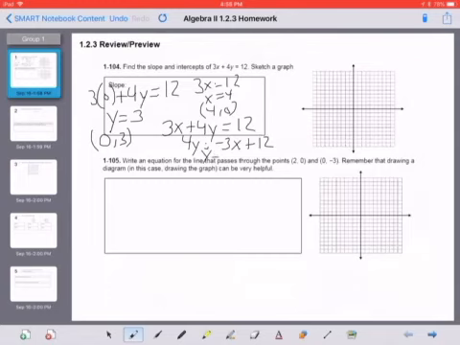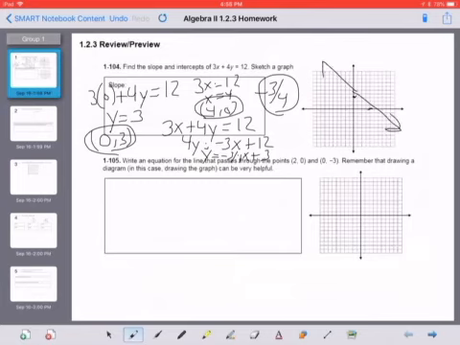So I get y equals negative 3 over 4 x plus 3. So my slope was negative 3 over 4. So I have negative 3 over 4, 4, 0, and 0, 3. So knowing that I have 0, 3, I can put a dot right there, and 4, 0, a dot right there. I can use that to sketch my graph.